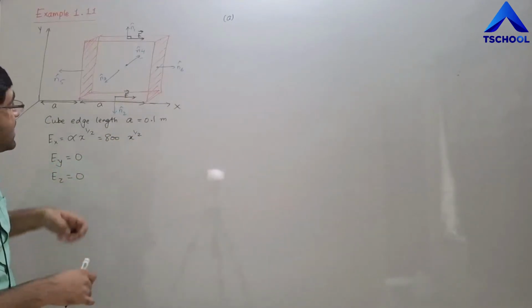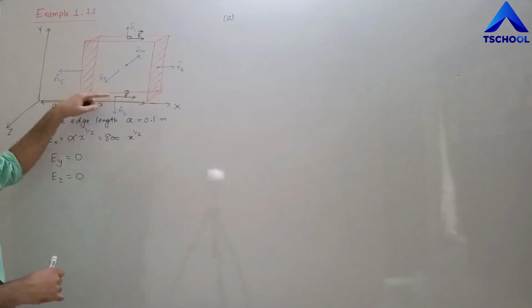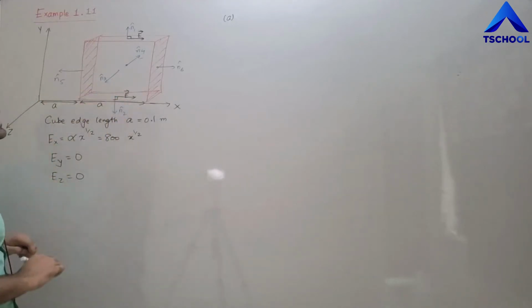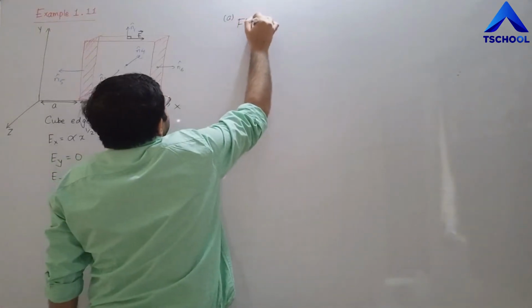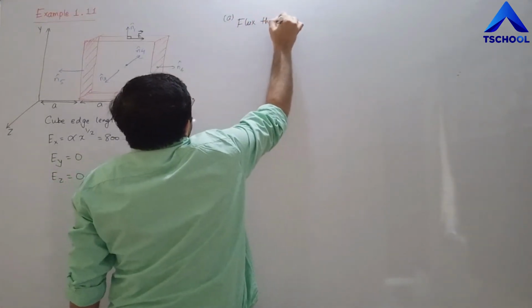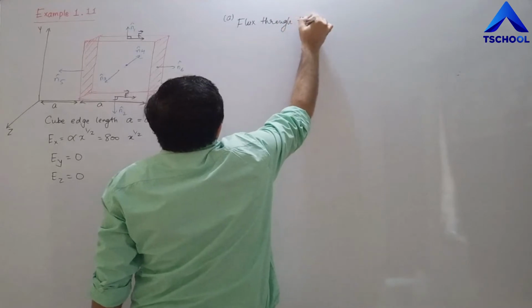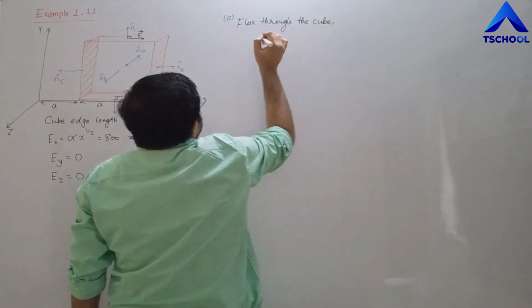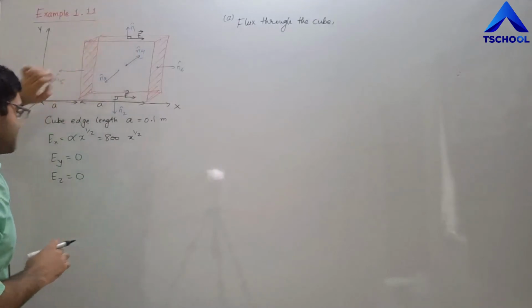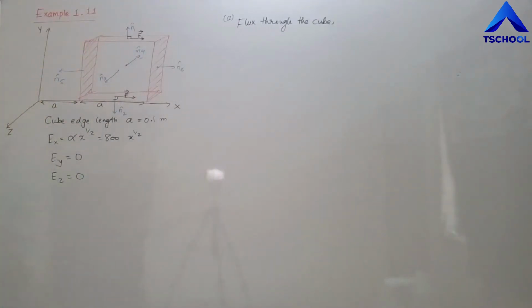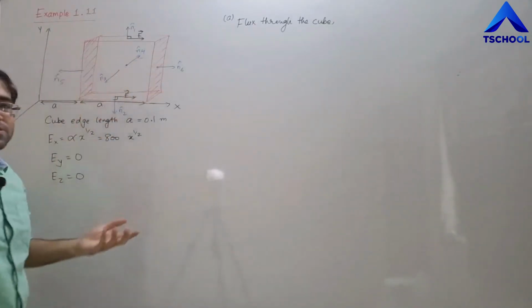Because of that, the flux for this one is also 0 because the angle is 90. So as far as the flux through the cube is concerned, we have flux for the upper surface 0, and we have the flux for the lower surface as 0.